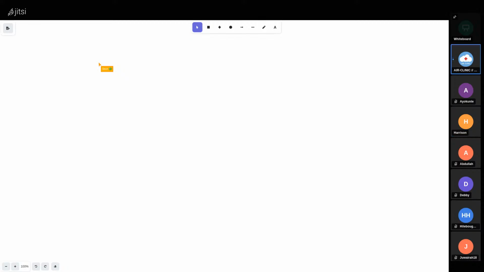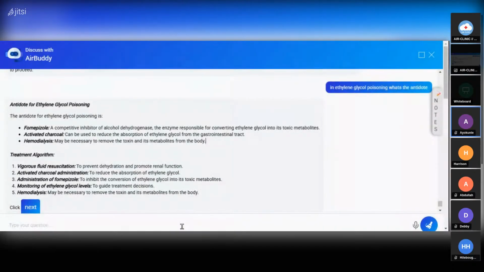What about penicillamine? The only thing I know about it is that it can cause drug-induced lupus. That's what I know about penicillamine. Okay.